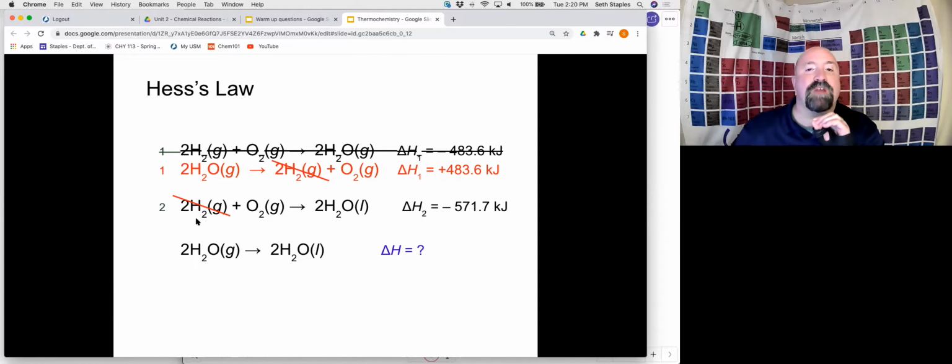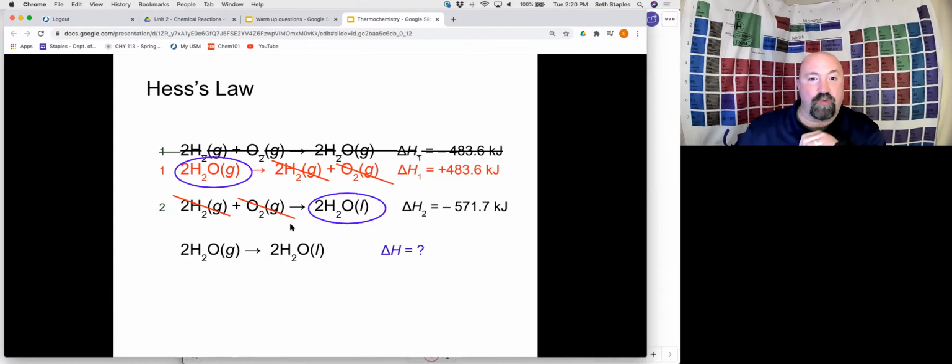And so we're going to get rid of that. We also have O2 as a product in equation 1 and O2 as a reactant in equation 2. So we can cancel those out. And then we see what we're left with is 2H2O gas as a reactant and 2H2O liquid as a product, which are exactly what we want.